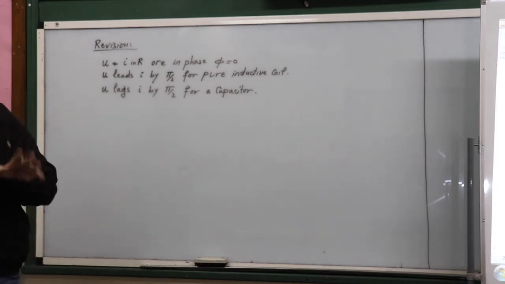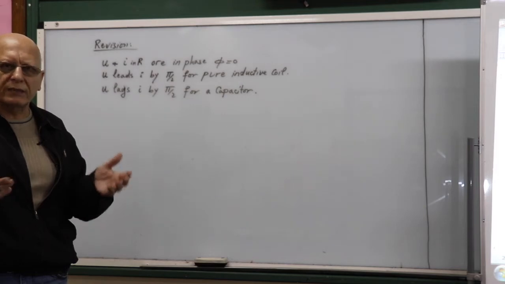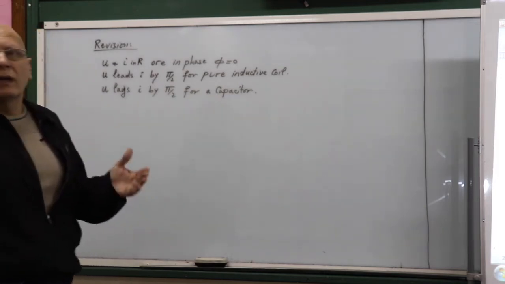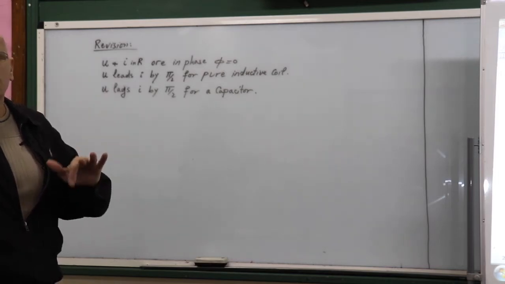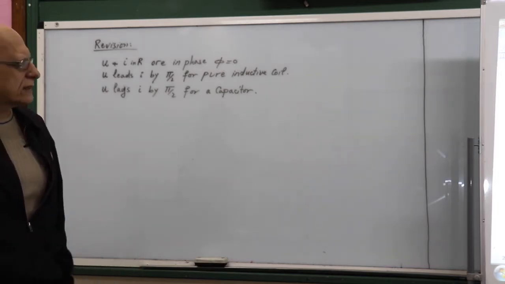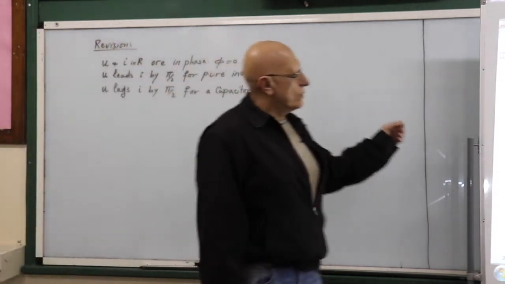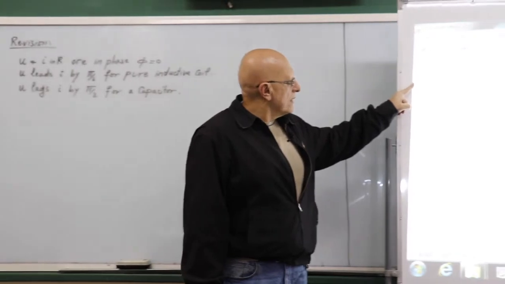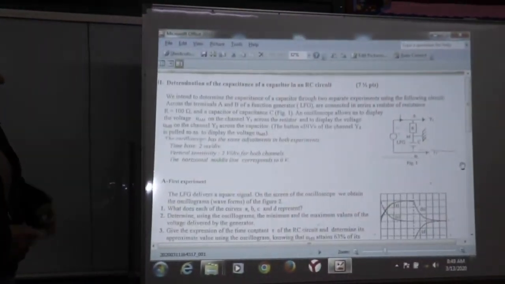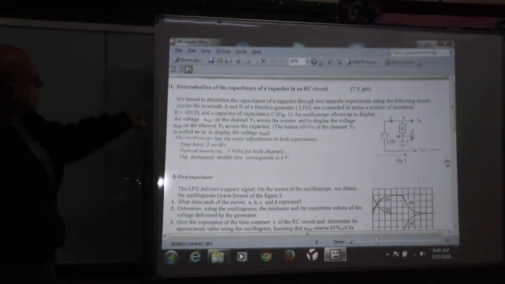But you will see in this problem how to use the experimental study as an application, and also within the same problem you will use the theoretical study. This exercise says: determination of the capacitance of a capacitor in an RC circuit.